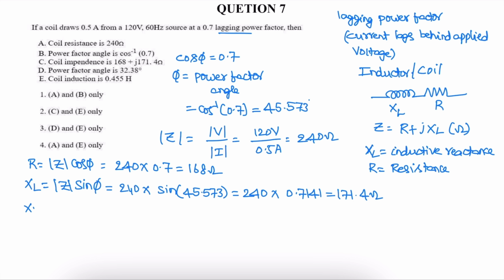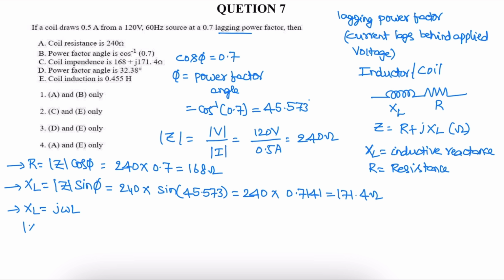We know inductive reactance XL is j omega L. Apply modulus on both sides. Mod XL is modulus of j omega L. j is a complex operator. It will become omega L. Omega is angular frequency. In terms of linear frequency, 2 pi f into inductance L. Given frequency f is equal to 60 Hz, the frequency of the source.